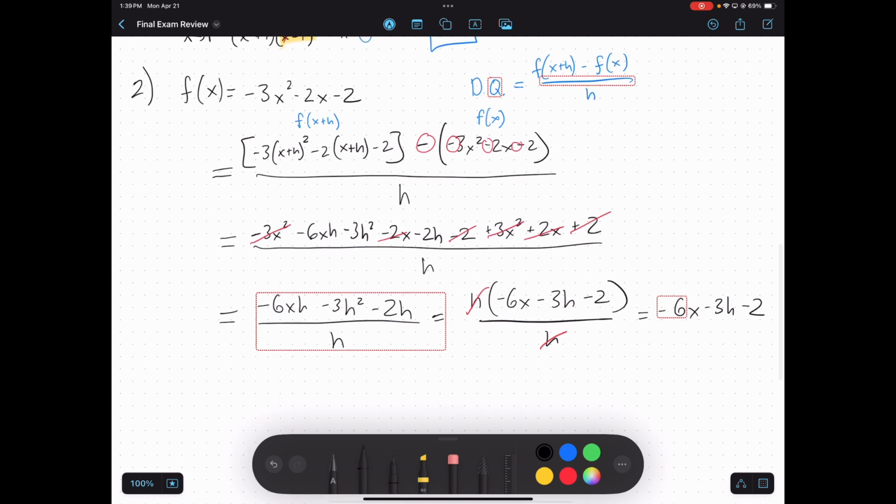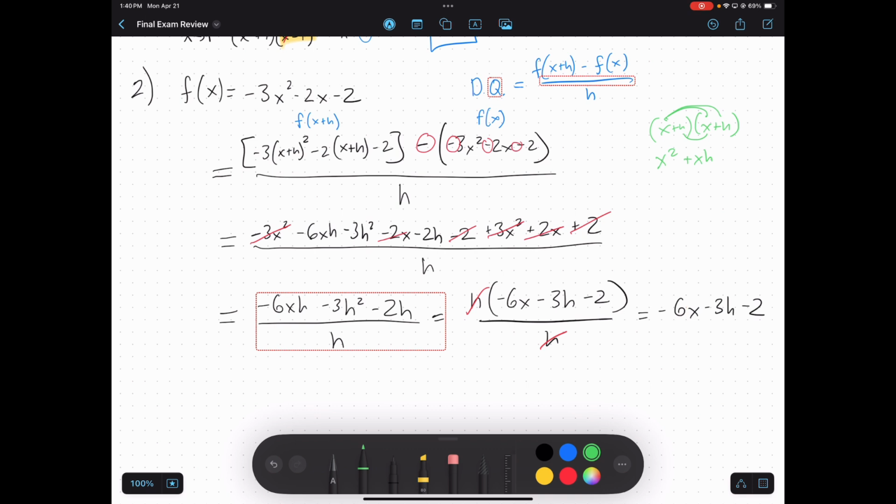Yeah, Stockton. Can you show me the math on negative 6xh? So that's just this term right here, from the x plus h squared. If I do x plus h times x plus h, you'll get x squared plus xh plus h times x.